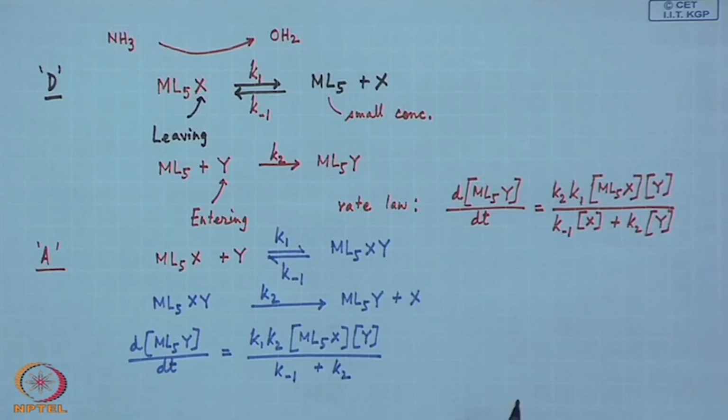So, this particular rate law can also be considered when we have very small values for this K minus 1 and K2.